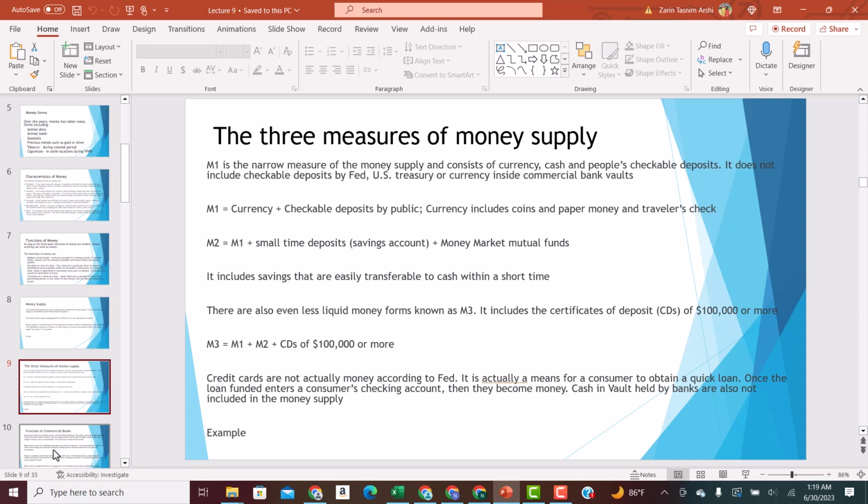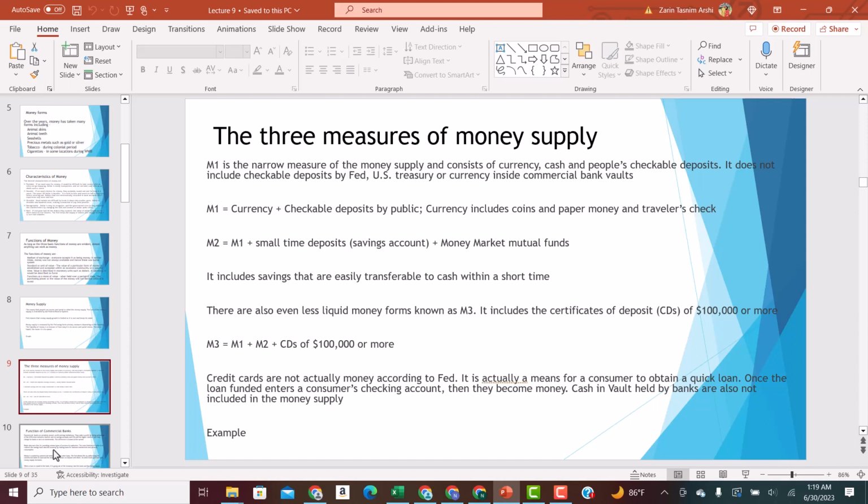If you look at the slide, it includes currency, which includes coins, cash, traveler's checks, and paper money. Any type of coins, paper money, cash, and traveler's checks are very liquid and you can easily spend them. If you go to the market, you should be able to spend cash and coins right away. So this is a very liquid form, categorized under M1.